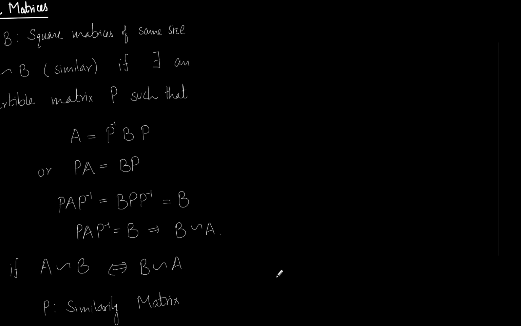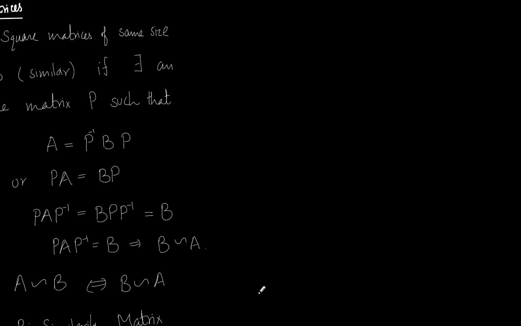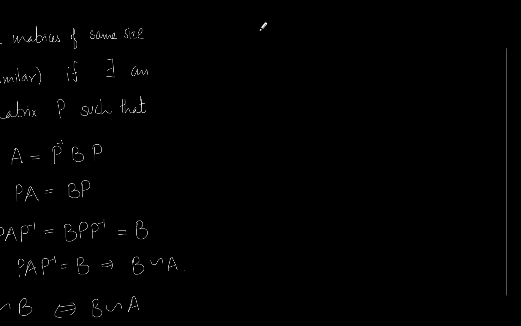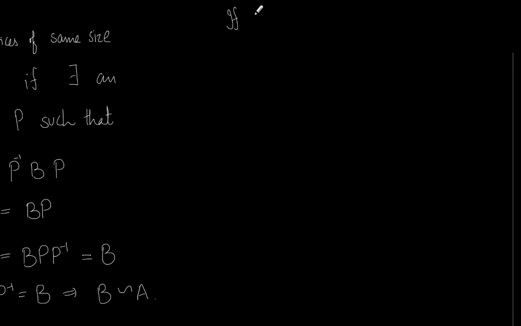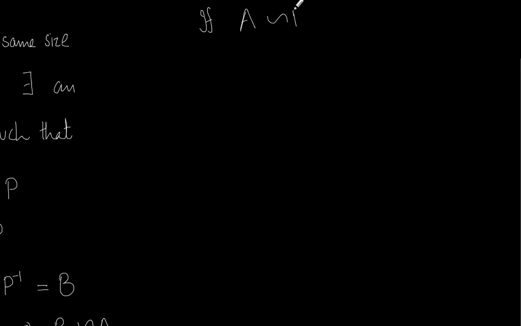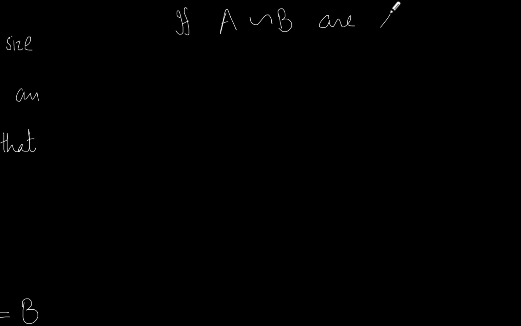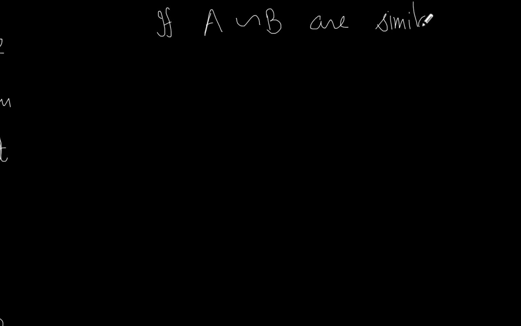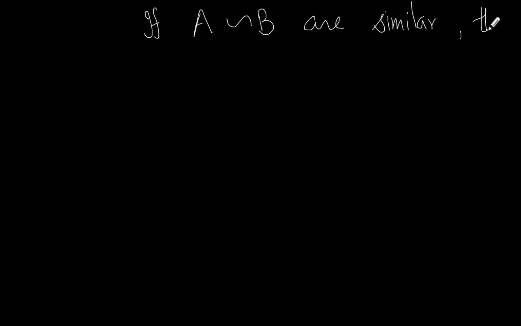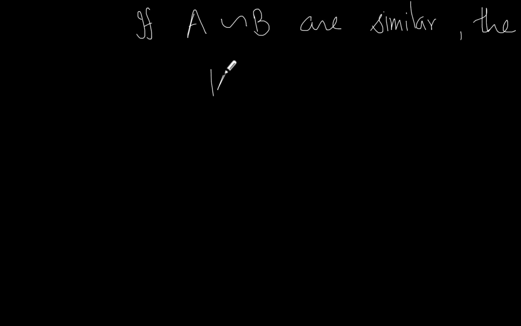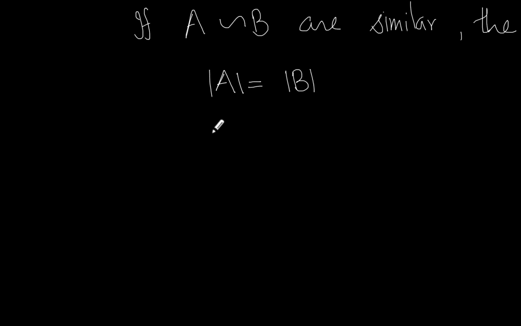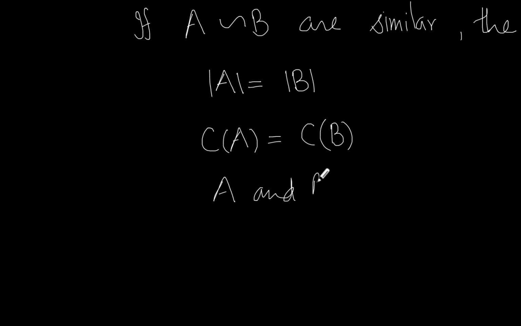So let us see some of the properties of similar matrices. Suppose matrices A and B are similar, then the determinant of A is the same as the determinant of B. The characteristic polynomial of A is the same as the characteristic polynomial of B. They have the same eigenvalues.